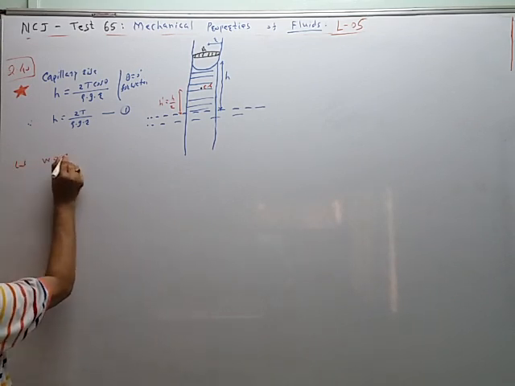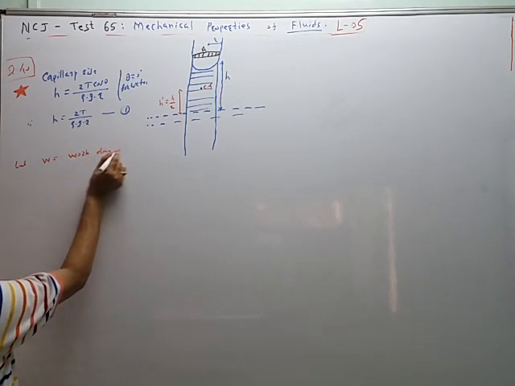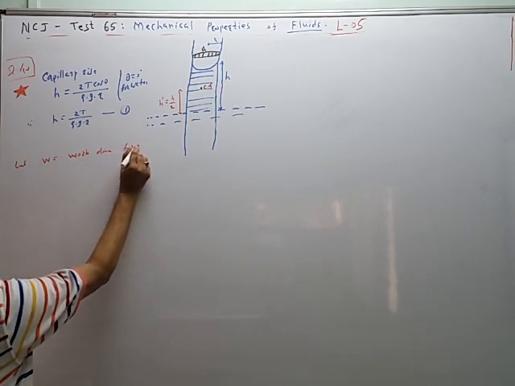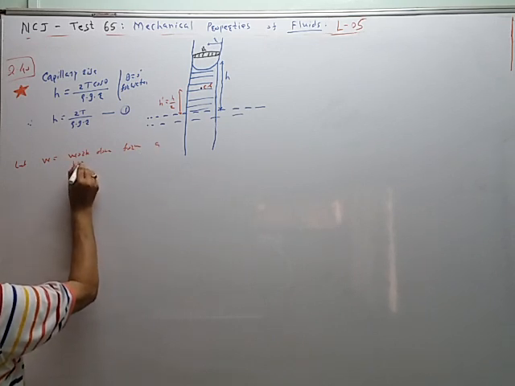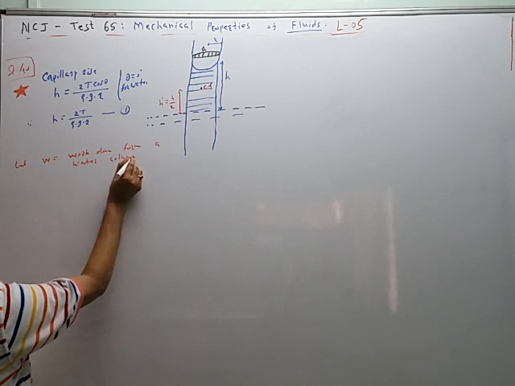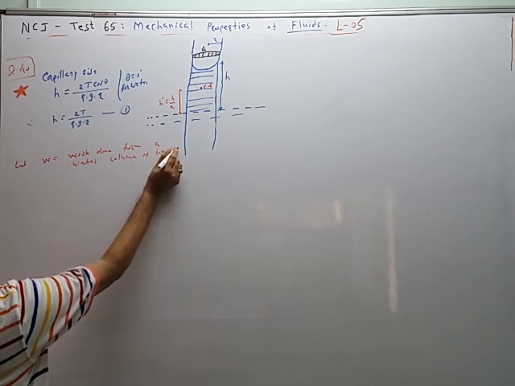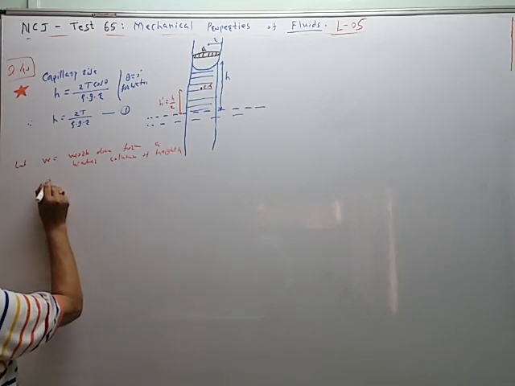Let W be the work done to form the water column of height h.